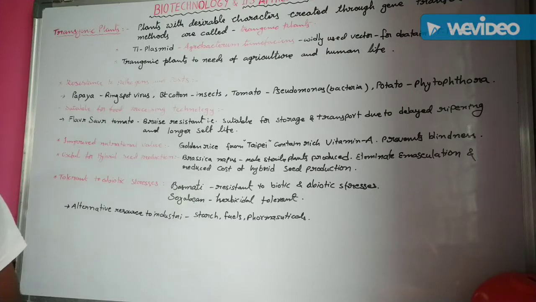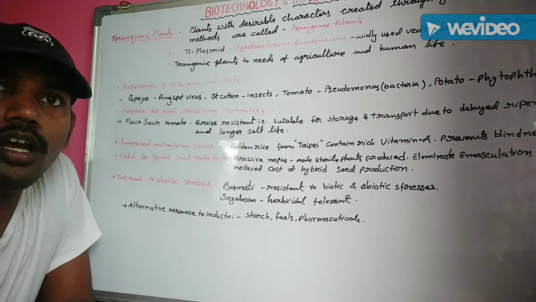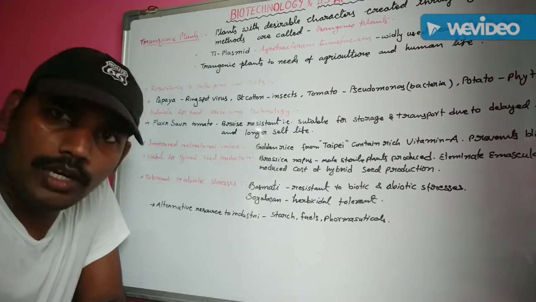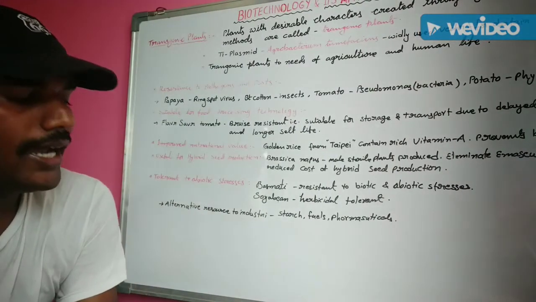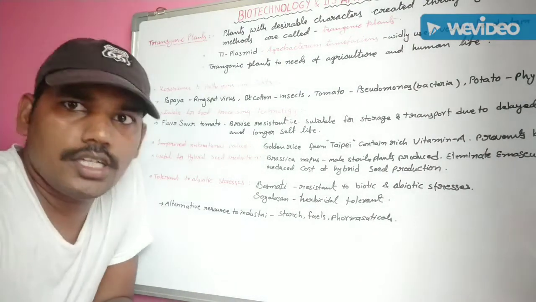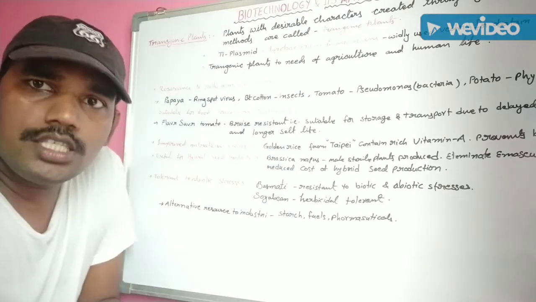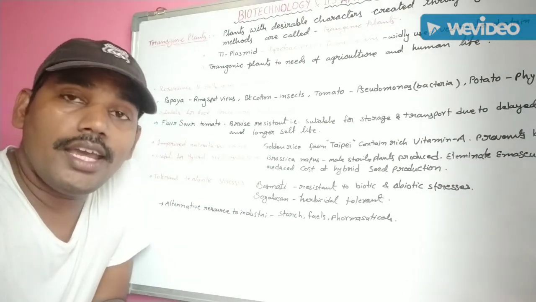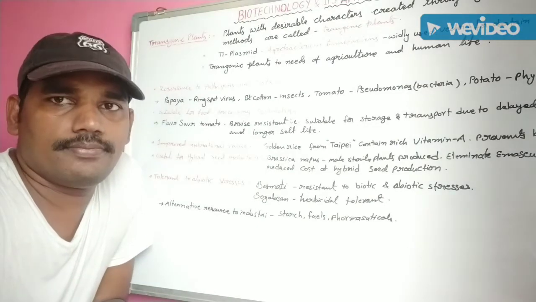So these transgenic plants are very useful to human welfare and also the agriculture field. In this way transgenic plants are very essential to human welfare, and very essential to agriculture for the green revolution. Understand?